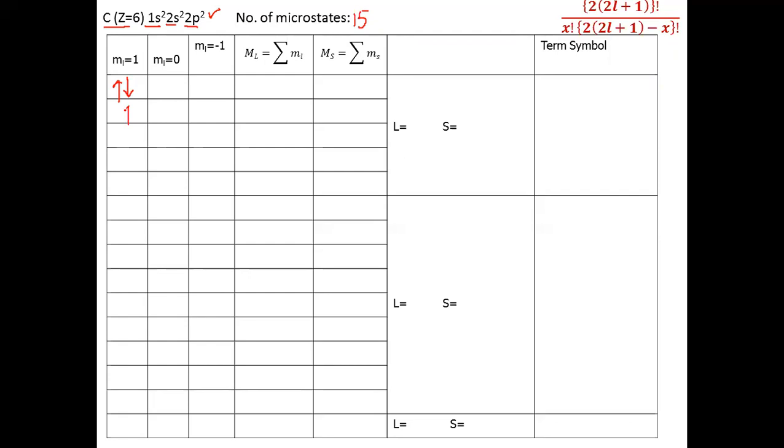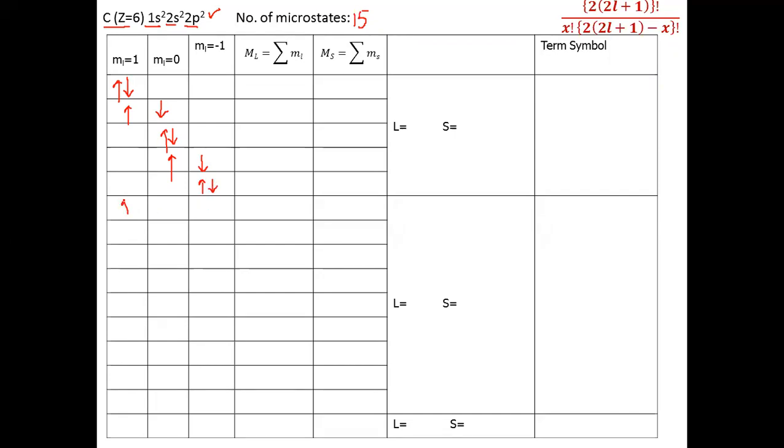Let me first draw the arrangements. In the meantime, you can calculate by yourself and match the values with mine to check whether I am doing it correctly.